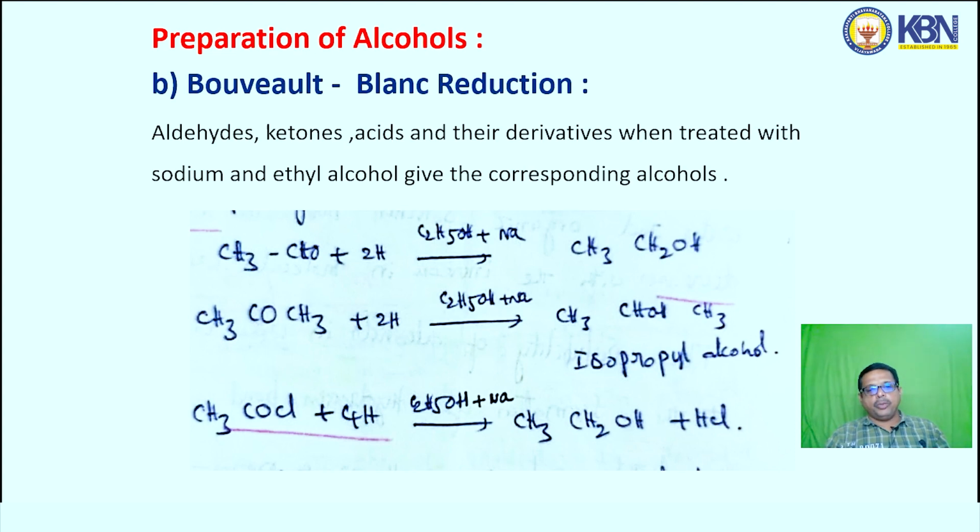In the second example, the carbonyl compound is ketone, that is acetone. Again, acetone when treated with sodium and ethyl alcohol will give isopropyl alcohol.